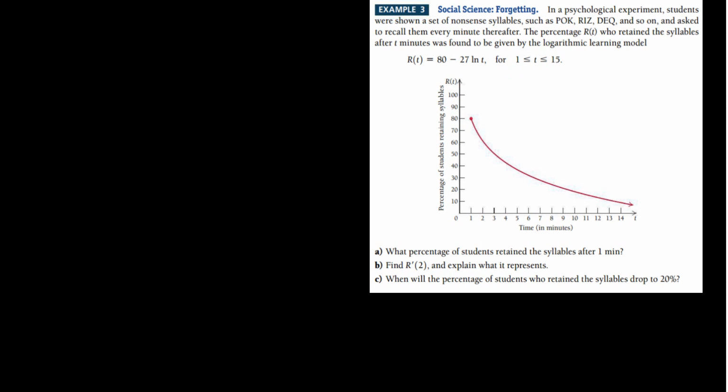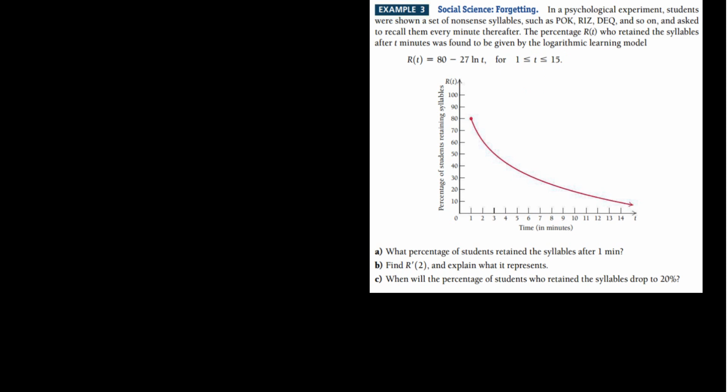For this particular example, we're limiting this only for t between 1 and 15. When it is less than 1 or greater than 15, there's no solution because we are only worried about 1 to 15. That is the domain. So whenever we talked about domain in previous classes, it's very important that you stick within the restricted domain.